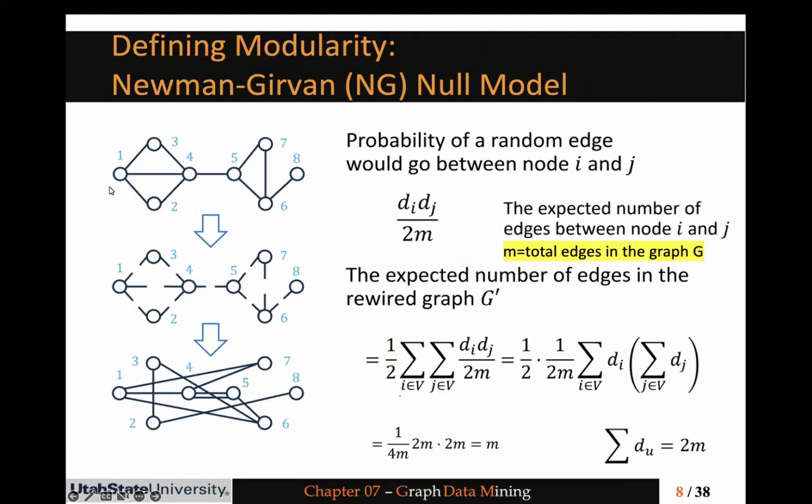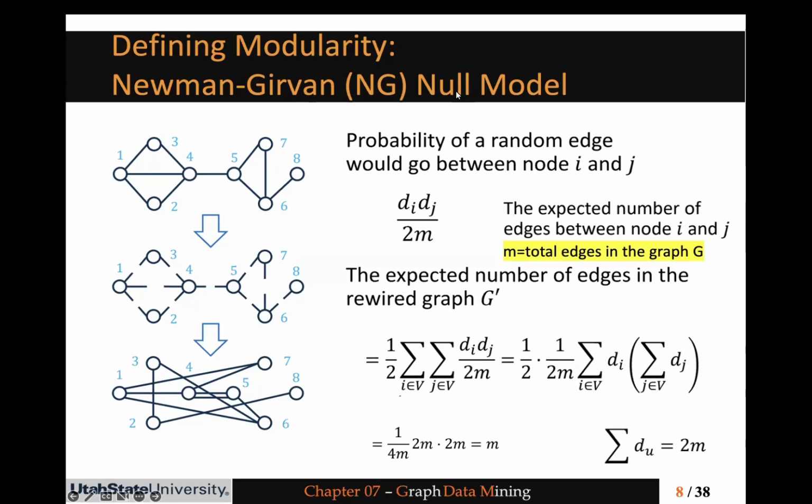The first thing that should come to mind is that this should be directly proportional to their degrees, because the higher the degree of node i and node j, the higher the chance that they are linked together, because they have way more stubs that are linked to those nodes.